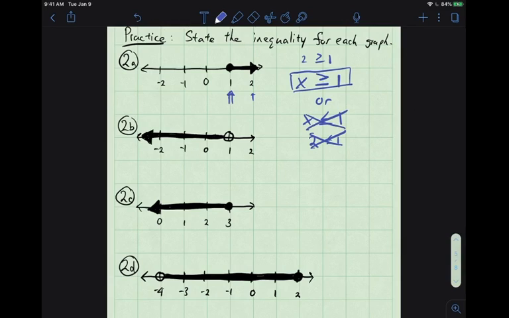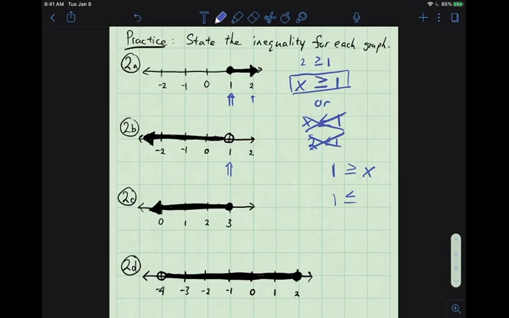More practice. Here we go. Here's +1. So you know it involves +1. Involves some number x, and you think, okay, does it go this way, or does it go this way? I already made a mistake.